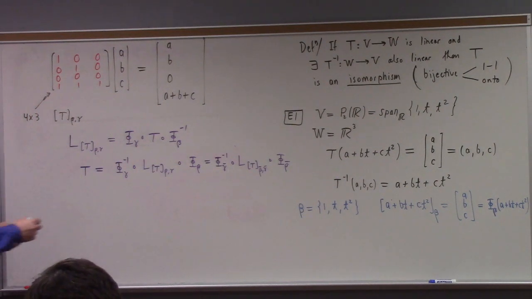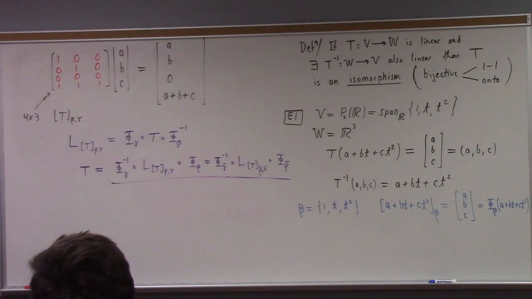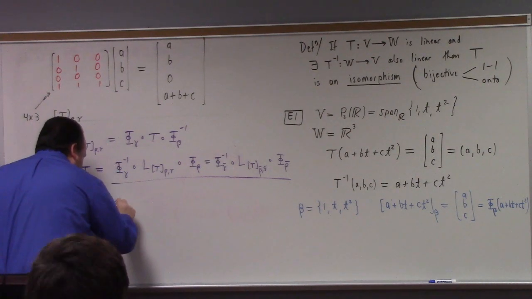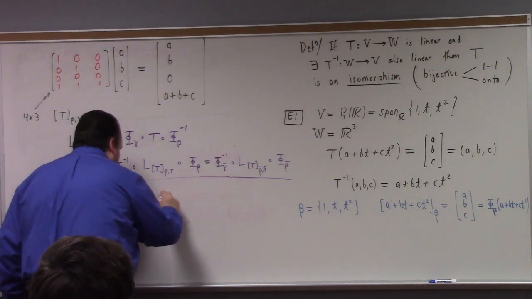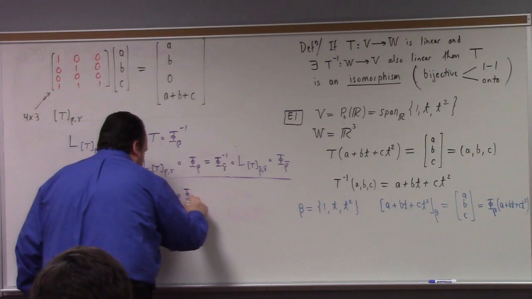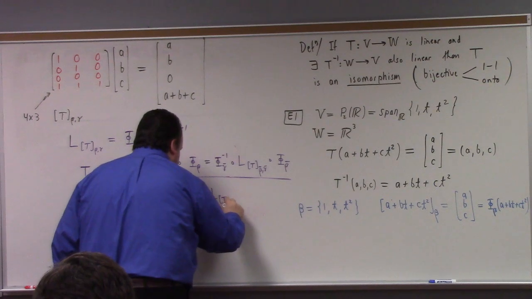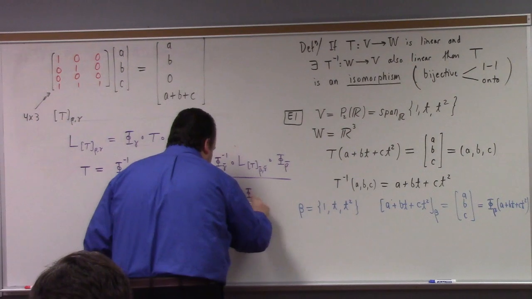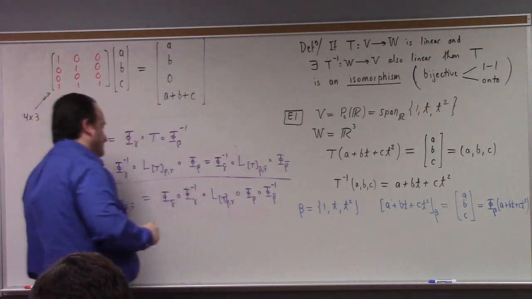But then, once you have this, you can easily derive the relation between this and that. See, L of T beta bar gamma bar is equal to phi gamma bar inverse composed with phi gamma, composed with L of T beta gamma, composed with phi beta, composed with phi beta bar inverse.